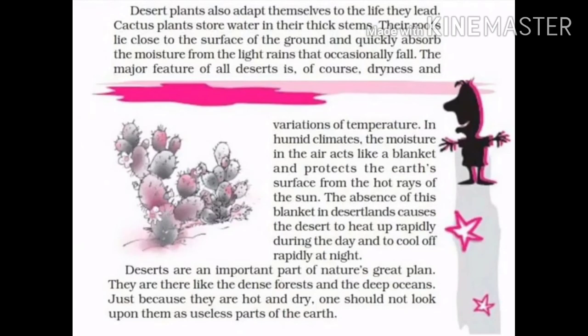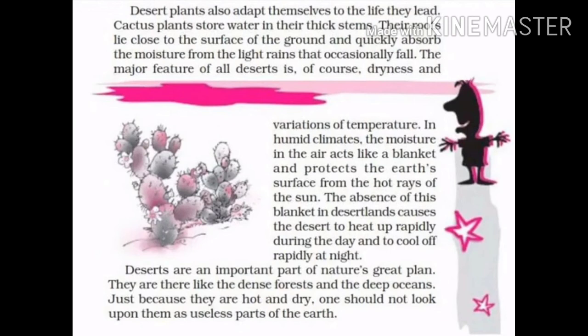One such plant is the cactus plant. A cactus stores water in its thick stems. A cactus would have very thick stems and water is stored there. Children, cactus plants do not have deep fixed roots. Their roots are very close to the surface of the ground.